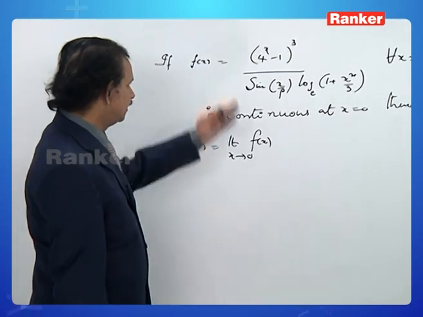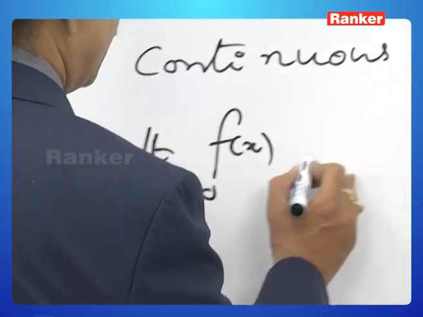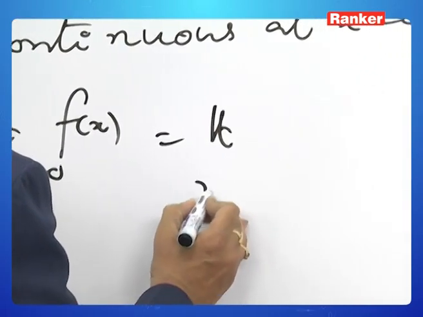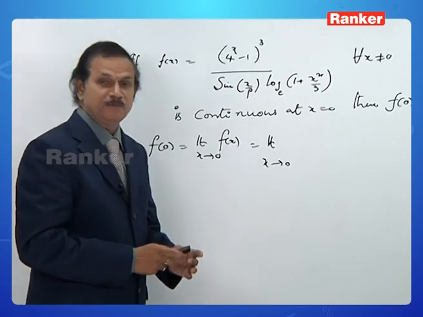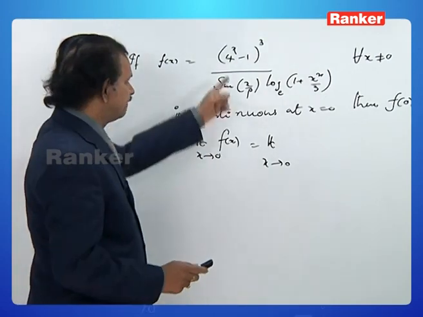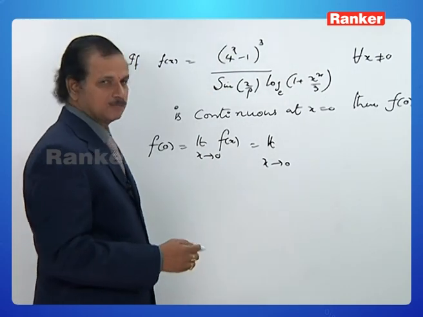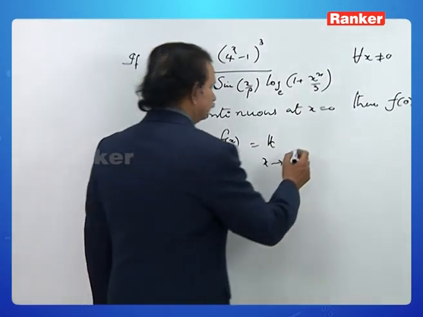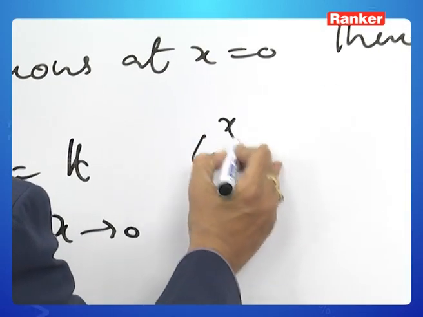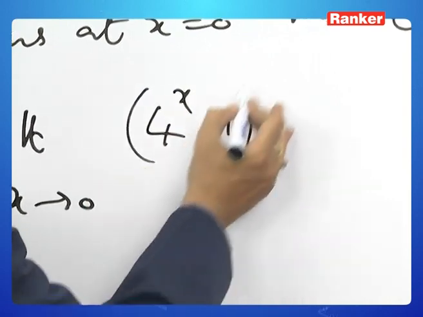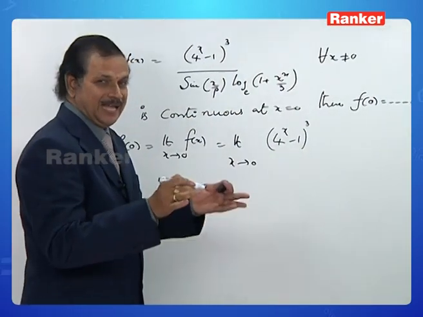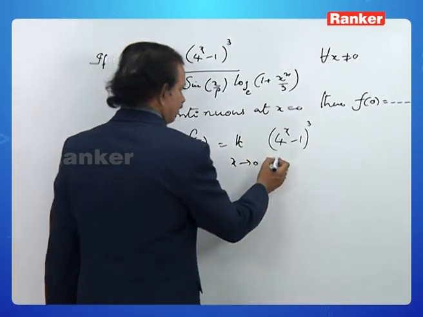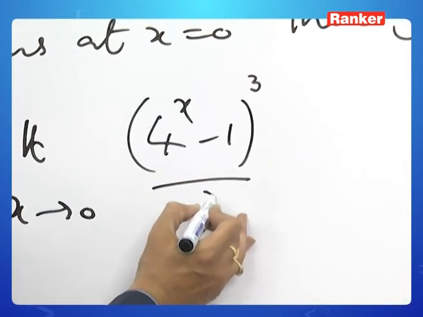What is f of x? There has been a bulkier expression here. Let us now make it very clear so that the limit can directly be obtained. The first one is 4 power x minus 1 whole cube. Now, I need x cube in the denominator, that's all.